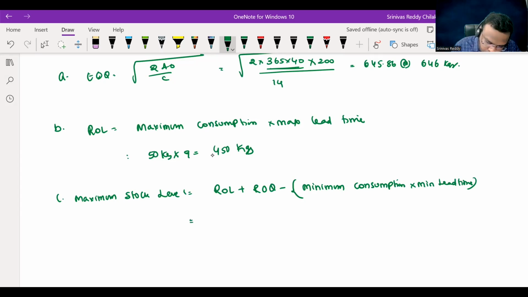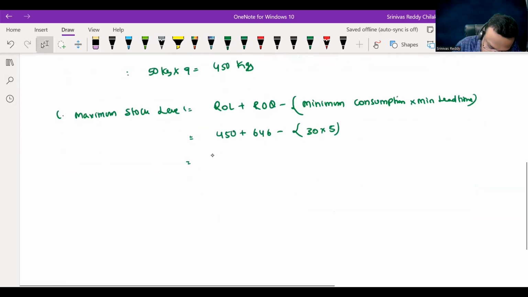Now, how much is ROL? 450, ROQ 646, minimum consumption 30, minimum lead time 5 days. 30 into 5, so 450 plus 646 minus 150. That is 946 kgs, right?